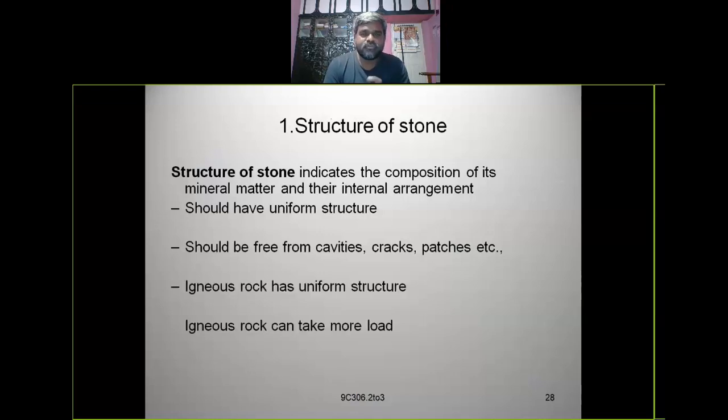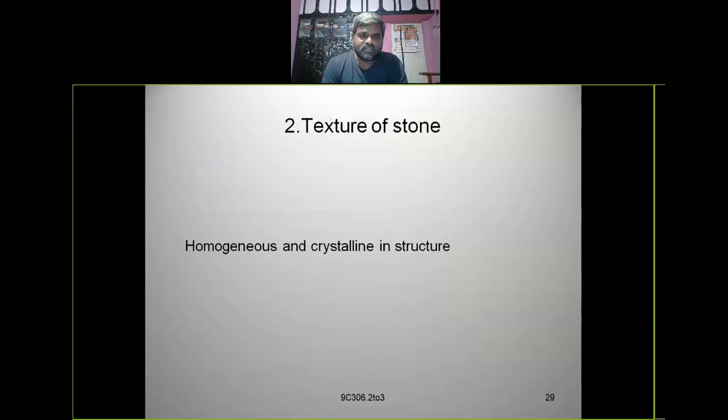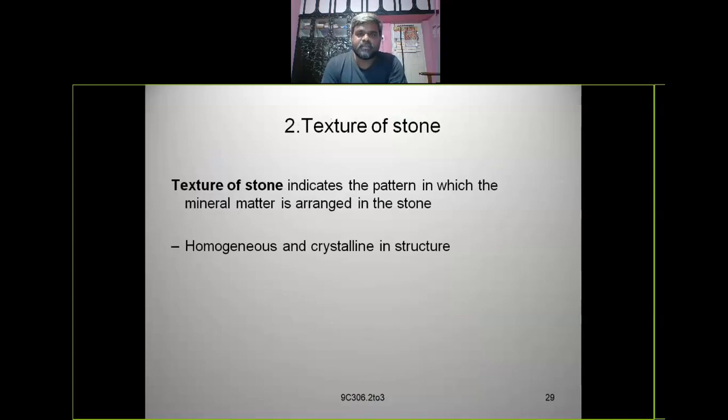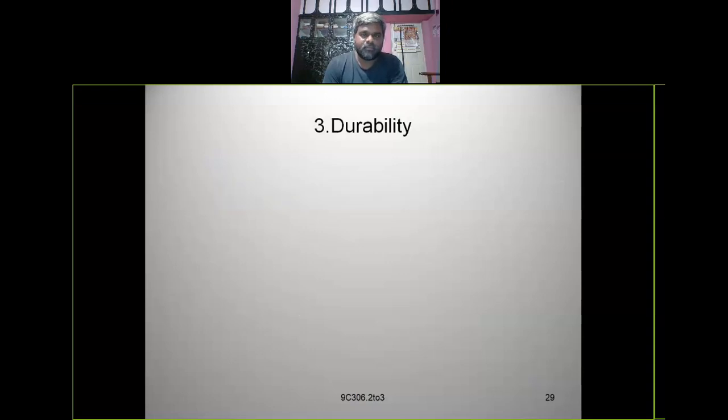Igneous rocks have uniform structure and can take more and more load. These are the hardest rocks, and igneous rock is the most suitable for construction works. Then texture of a stone indicates the pattern in which the mineral matter is arranged in the stone: homogeneous and crystalline in structure, hard and compact.